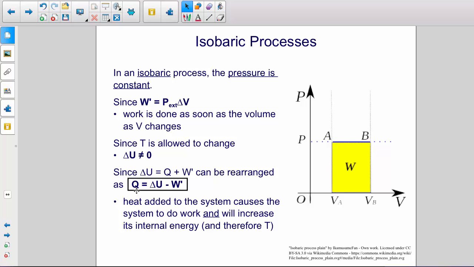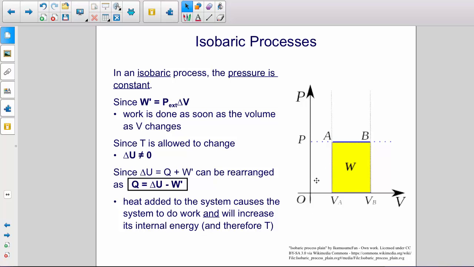Another way to put this is the heat that is applied to the system changes the internal energy and is converted to work by the system, i.e. delta U plus W. Again, heat added to the system will cause the system to do work, and it will increase its internal energy, and therefore its temperature.